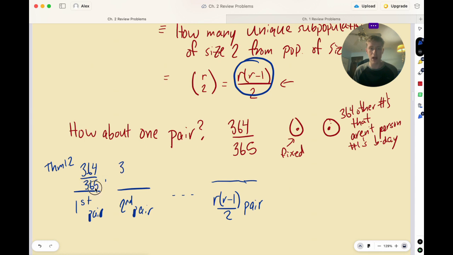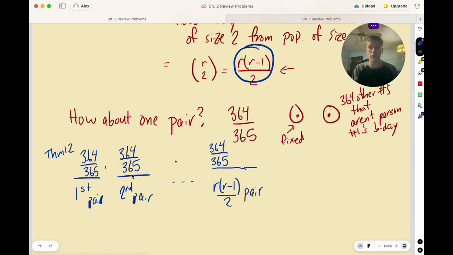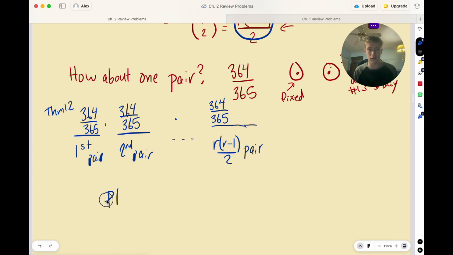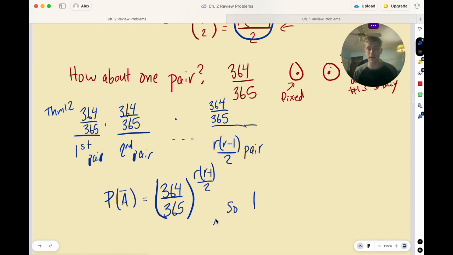So we just multiply all of those together. And really this is alluding to something called the multiplication rule, which we'll study in chapter 3. So apologies for that, but this is really just the most straightforward way of thinking about it. So we have that the probability of the complement is really this probability multiplied by itself R times R minus 1 over 2 times. So that means that the original event A is just going to be 1 minus this probability.